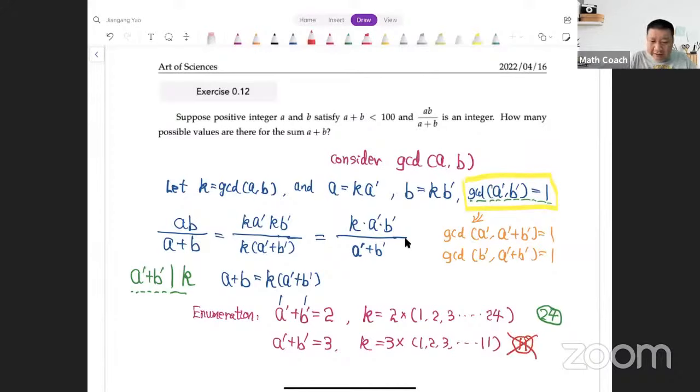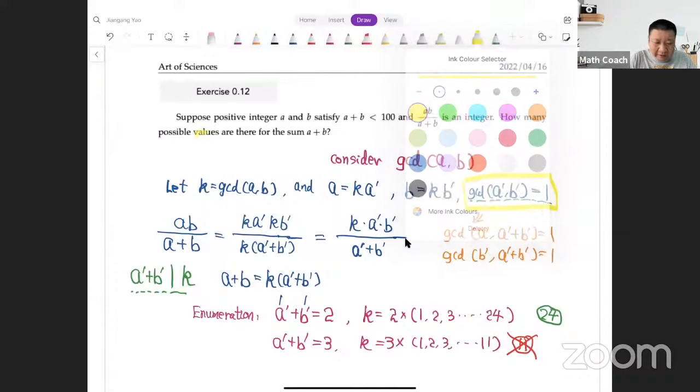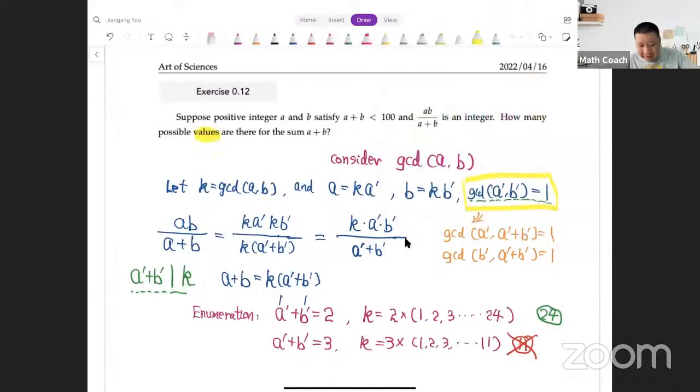Because the question asks how many values of A plus B, so there are some repeated ones. For example, 36, I think, is repeated. So we have to avoid that. In this first row, what we have is all the multiples of 4. So 91 gets 1 point.